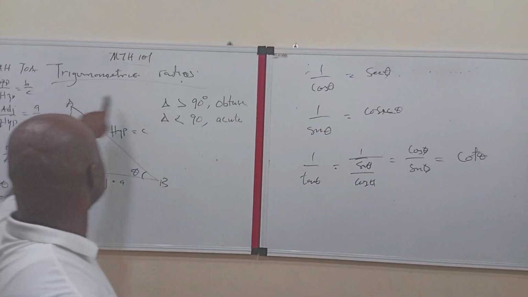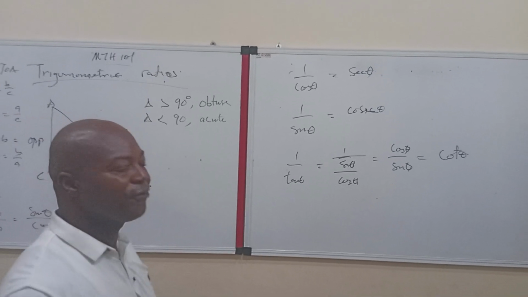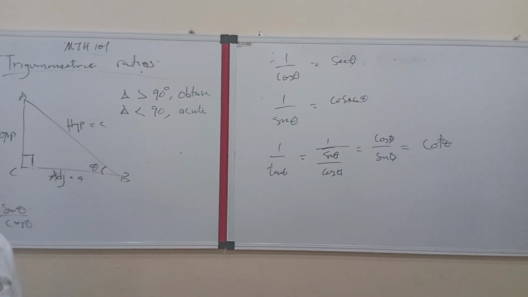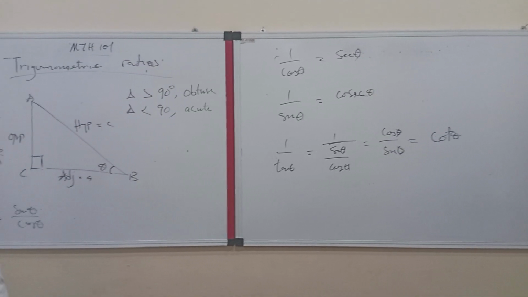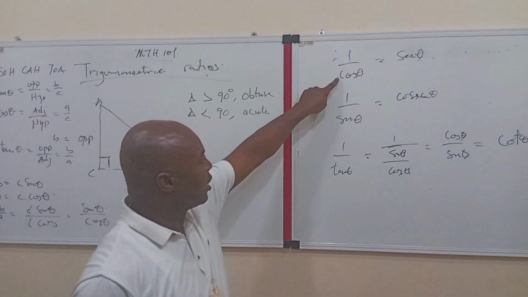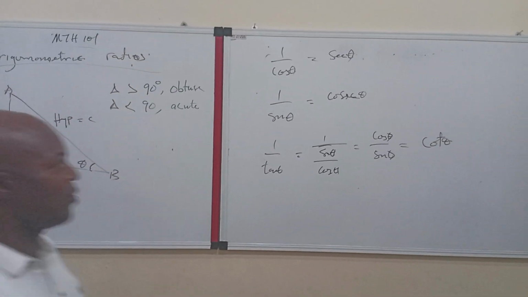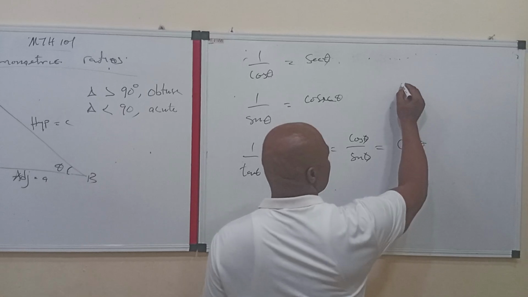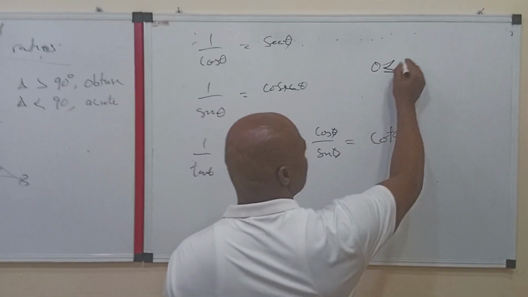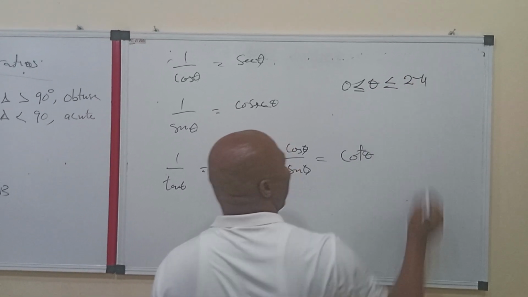Now these 6 functions that we have are called the fundamental trig ratios, where the denominators are not equal to 0, and that is valid for the interval 0 less than or equal to theta less than or equal to 2 pi.